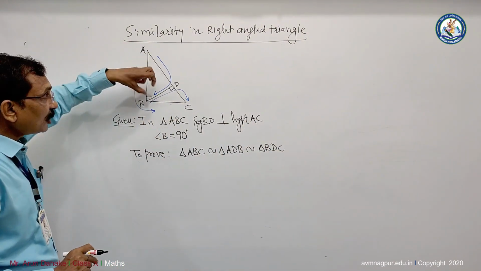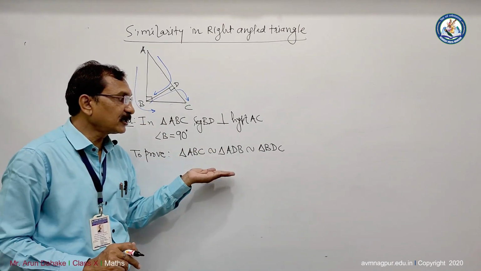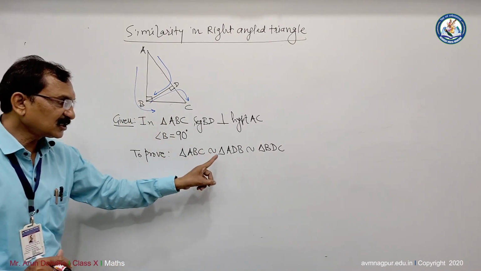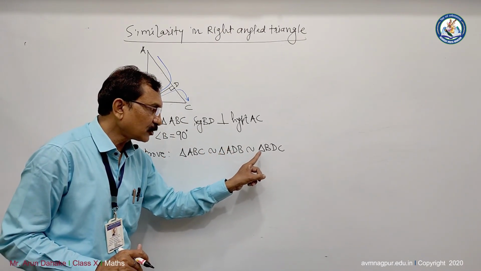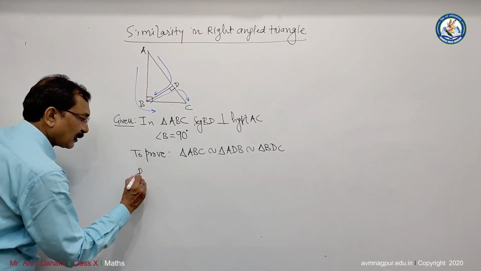Don't change the order of the triangles, otherwise you won't get the proof of this one. So that's a very important part. Now you have to show the proof of this.